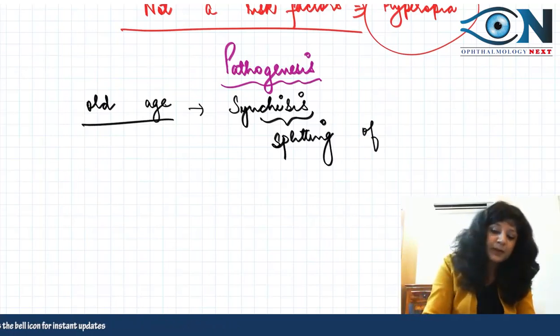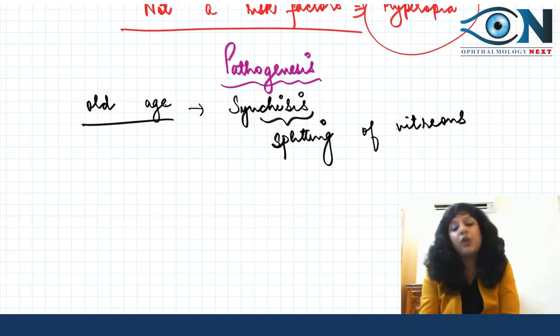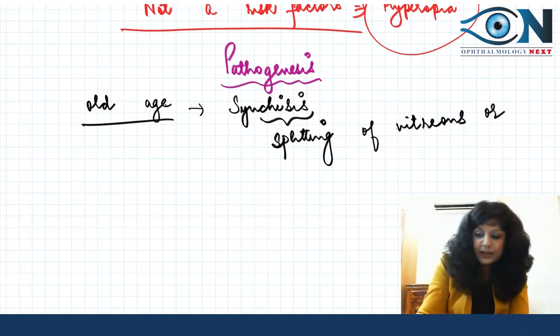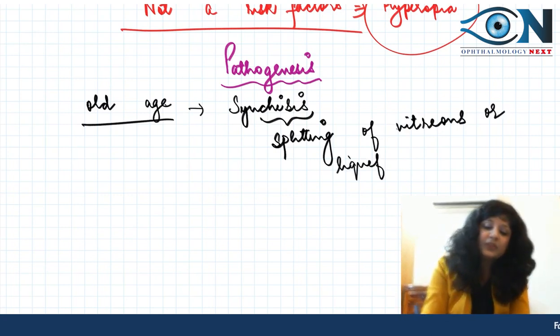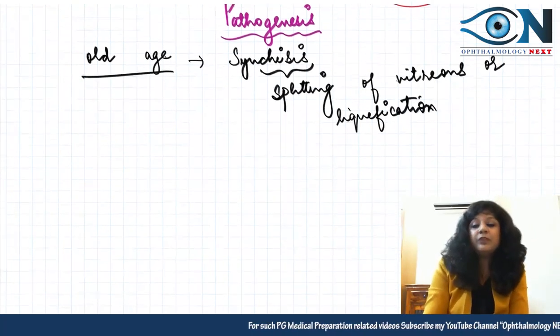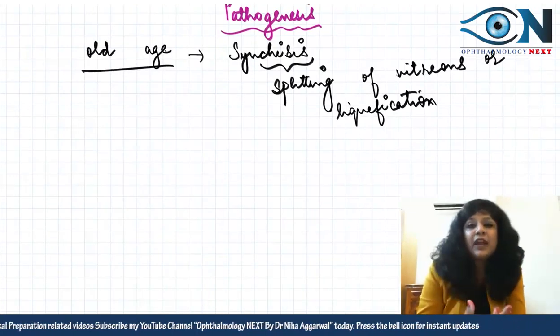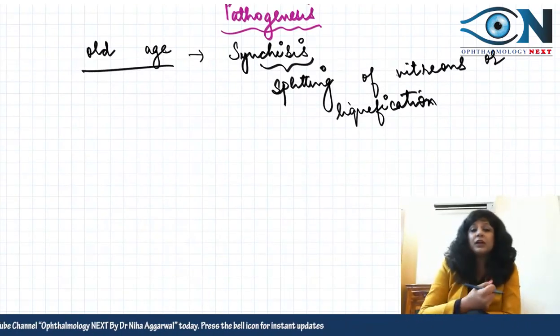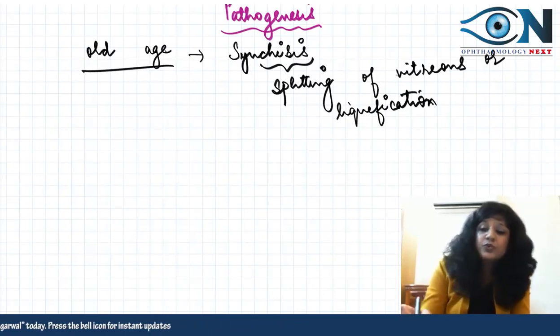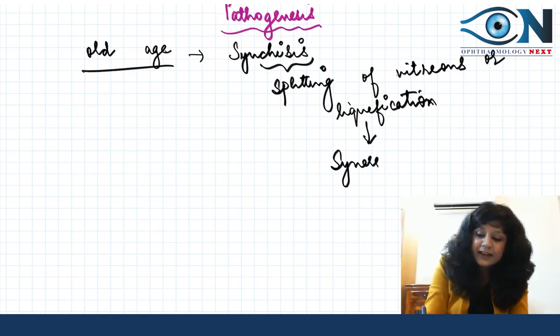So we have splitting of the vitreous. Due to old age, we have splitting of the vitreous, or it is also called liquefaction. So it starts getting liquefied. Normally, you know, vitreous is gel-like, and now due to aging, it is getting liquefied. Now due to this liquefaction, after some time there occurs syneresis.